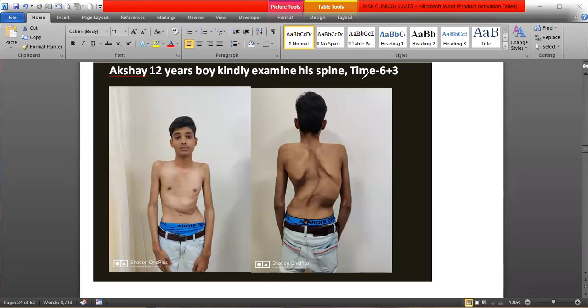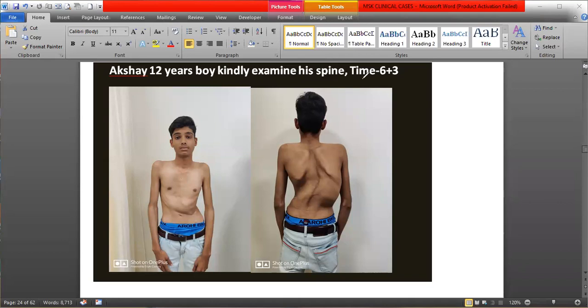There are no neurocutaneous markers, and the rest of his systems appear to be normal. So I think this is a structural scoliosis, which needs further evaluation with an X-ray of the spine.